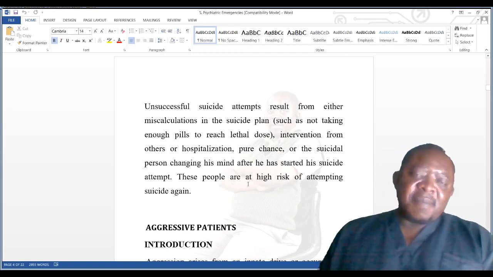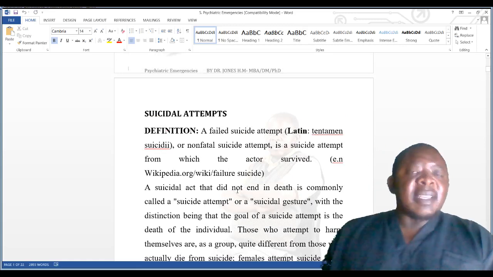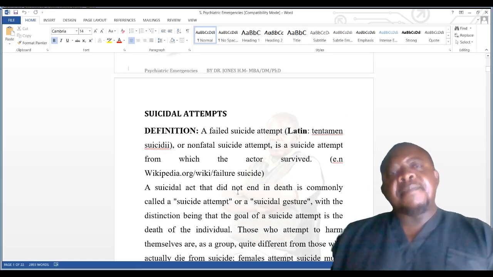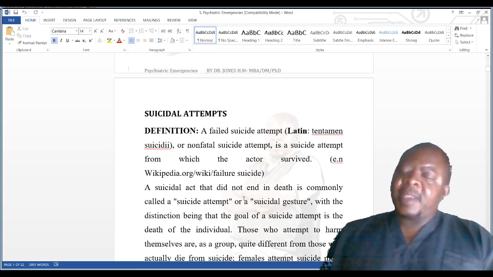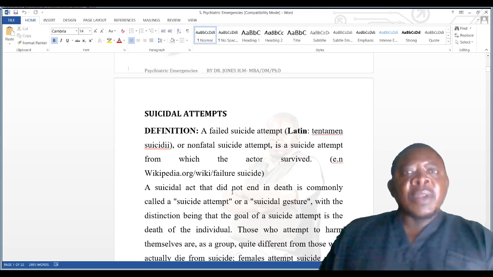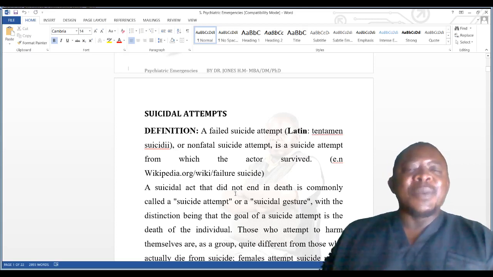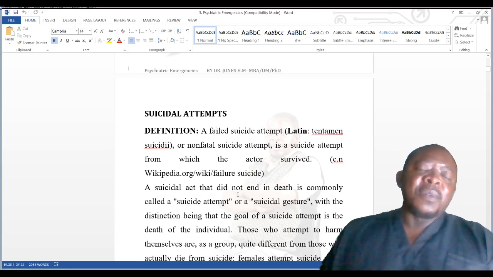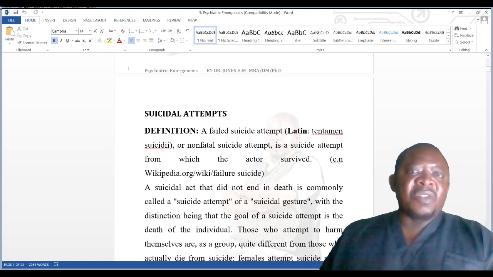So why are we discussing suicidal attempt as a psychiatric emergency? We are discussing it as a psychiatric emergency because in the principles of an emergency, we are looking at airway being affected, breathing being affected, or circulation being affected. If one decides to take their own life using drugs, they are going to have drug intoxication, or what we call substance abuse, which we are discussing under psychiatric emergencies.